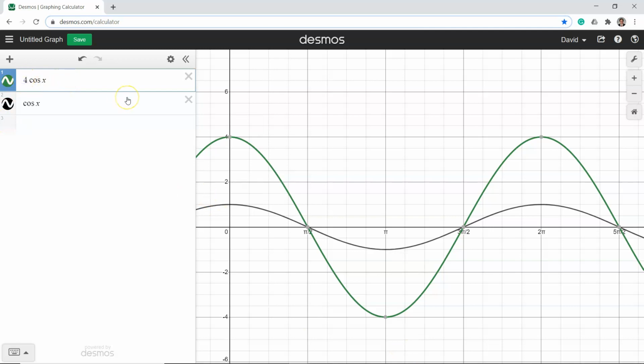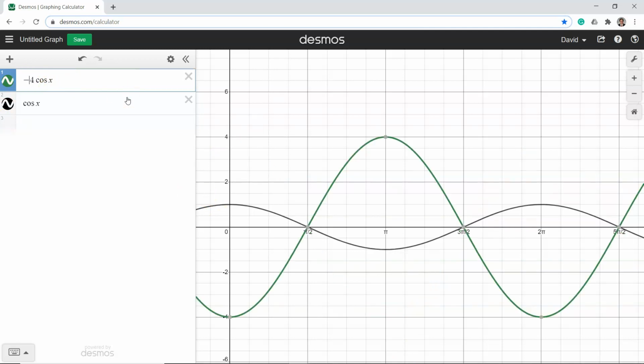But when I multiply it by a negative 4, they flip. So the positive 1 here becomes a negative 4. So it does the same thing to sine and cosine. But remember that sine and cosine have different quarter points. So it is still slightly different.